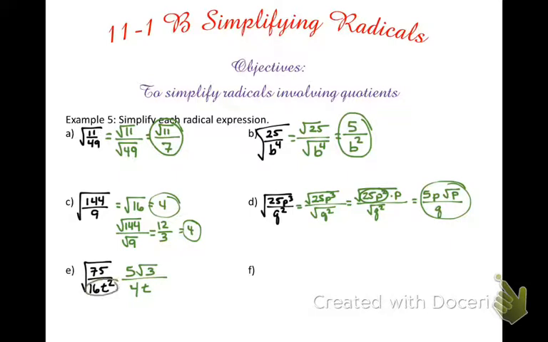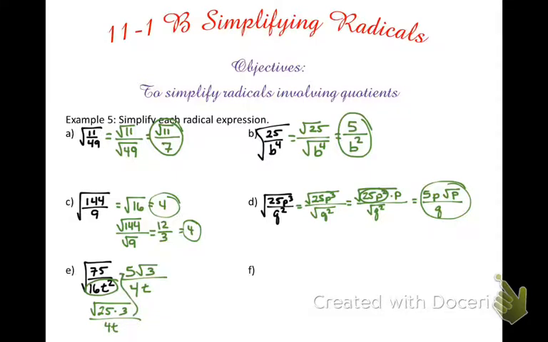That's a perfect square, so I could get right to 4t. But if you're wondering how you didn't get the top correctly, square root of 75 will be turned to 25 times 3, and then you have 4t on the bottom. So then you can get this answer.